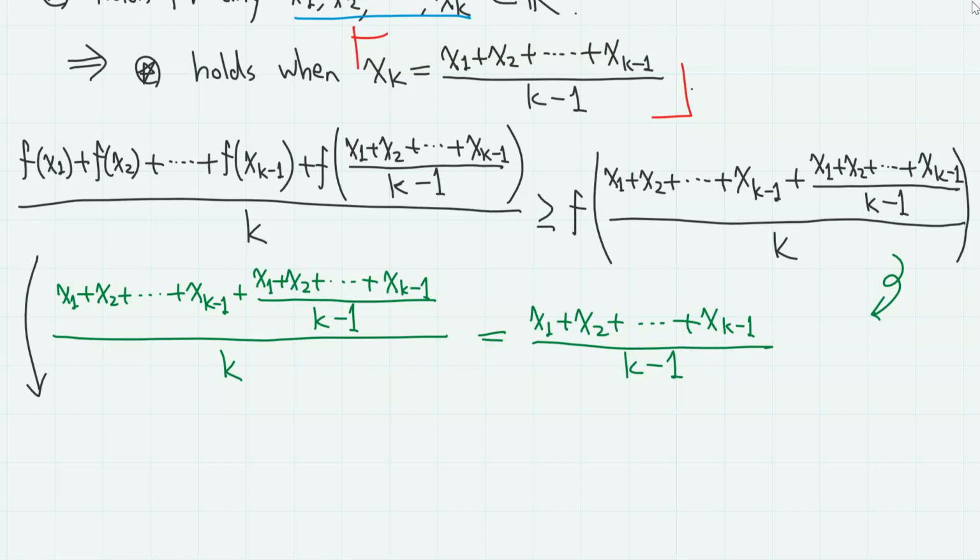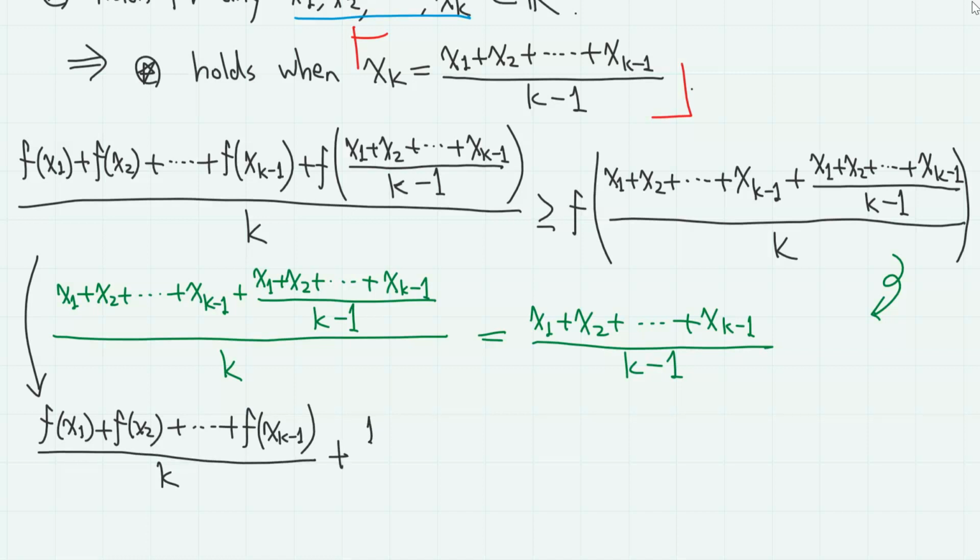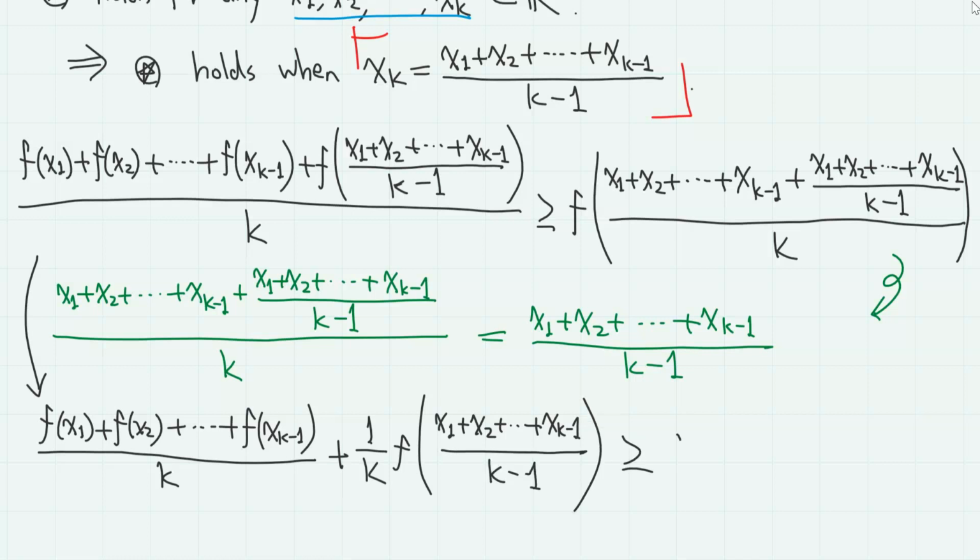Therefore, on the left hand side, we have (f(x1) + f(x2) + so on + f(x_{k-1}))/k, then plus 1/k times f of (x1 + x2 + so on + x_{k-1})/(k-1). And on the right hand side, we have f of (x1 + x2 + so on + x_{k-1})/(k-1).